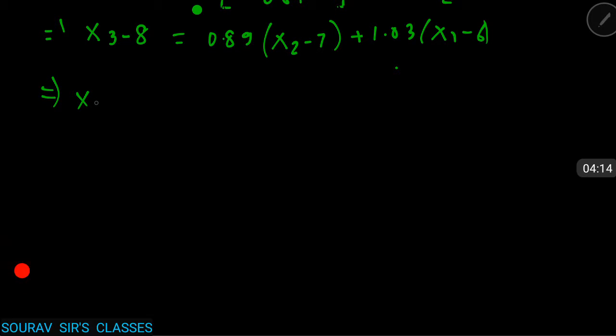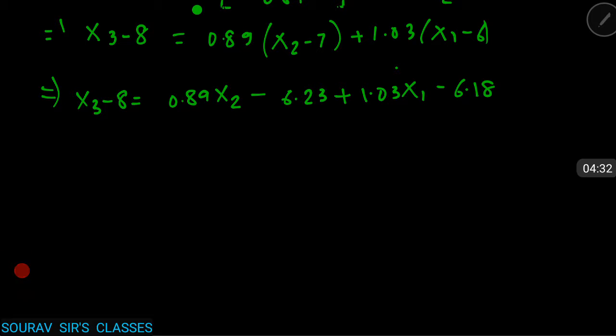This implies x3 minus 8 is equal to 0.89 x2 minus 6.23 plus 1.03 x1 minus 6.18.